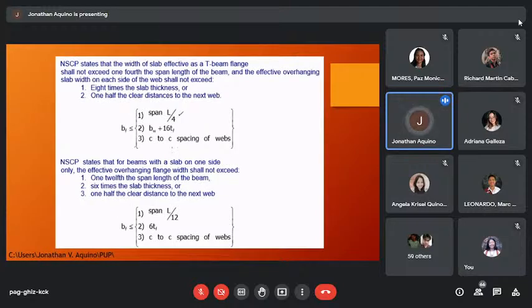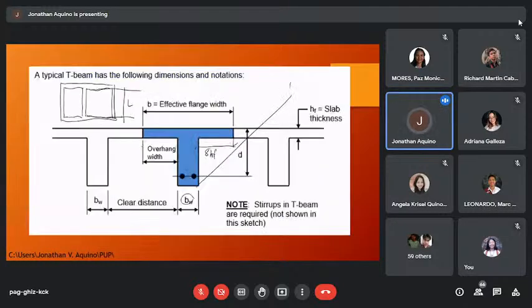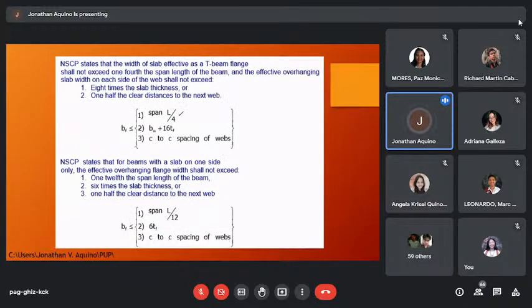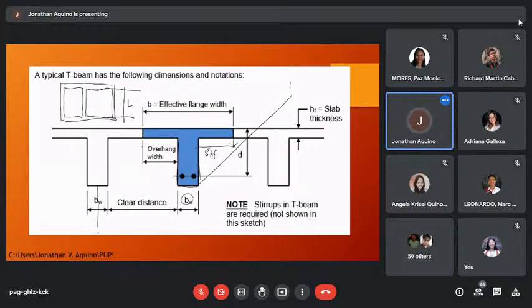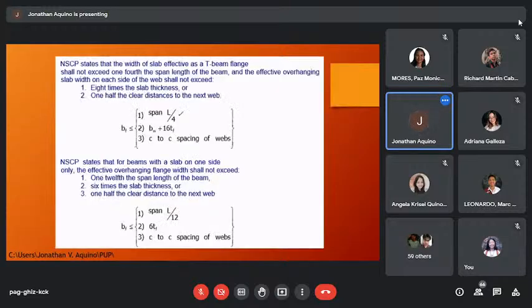Okay, or center to center spacing between webs. So ito yung web, ito yung tawag natin na web. Okay, ito yung web. So center to center between webs. Okay. So number 3 requirement is center to center spacing between webs. Okay. So whichever is the smaller, yun yung governing value ng flange width or bf.